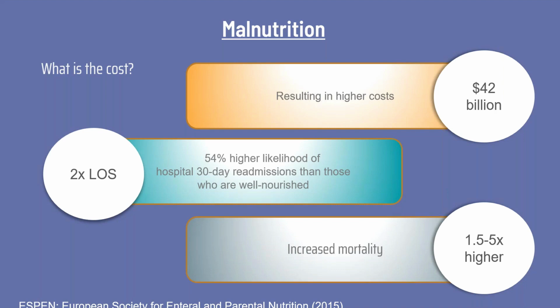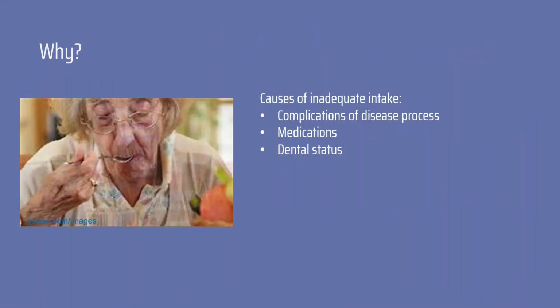So why should we be concerned? Obviously, there are a lot of concerns associated with the cost, but what we do want to know is how can we help this older adult population? Well, understanding the causes of poor intake and its contribution to malnutrition is really the first place to start when we think about how to address these concerns and problems.